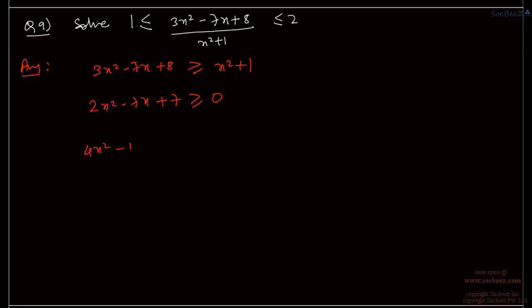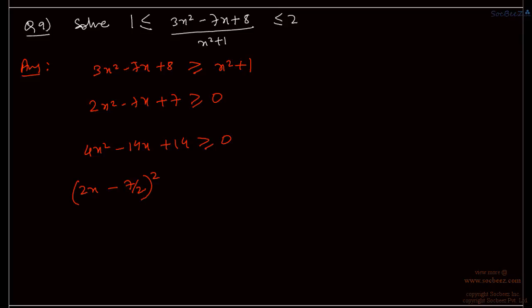So I have 4x square minus 14x plus 14 is greater than equal to 0. Right? Okay, so this is 2x. Now I can write this as 2x, the second term will be 2 into 2x into something, right? That is 4x into 7 by 2. Right? So let's just try to expand this and see.